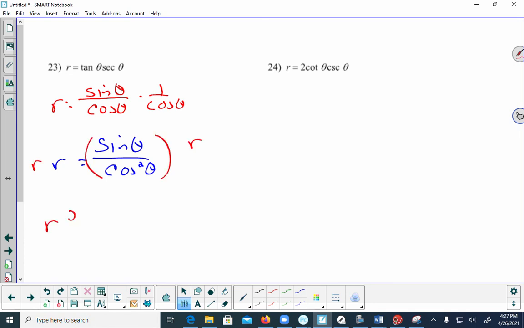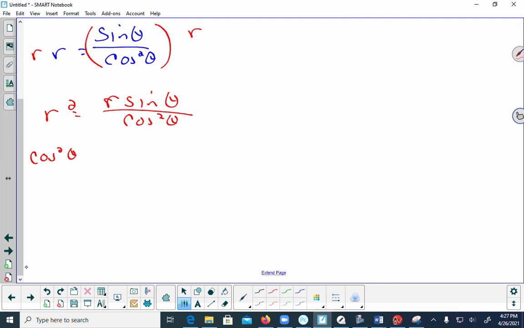I'm going to have r squared is equal to r sine theta over cosine squared theta. So I'm going to have cosine squared theta, or r squared I'll put in front of that, is equal to y, because r times sine is y. So I'm going to have x squared is equal to y.